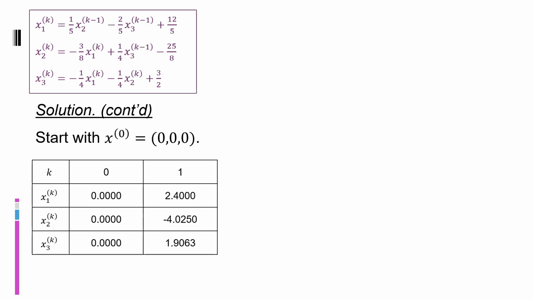Ngayon, uulitin natin yung iteration natin using the same process. Para naman sa k equals 2, so x sub 1 equals 1/5 times, so gagamitin pa rin natin yung k minus 1. So ito yung gagamitin natin x sub 2 tsaka x sub 3.